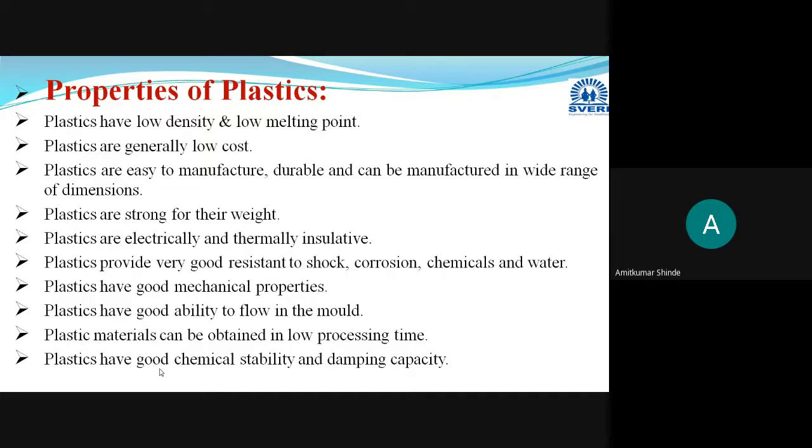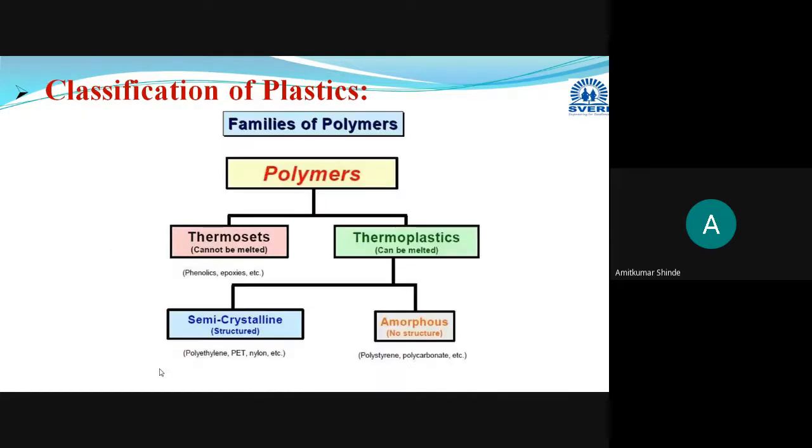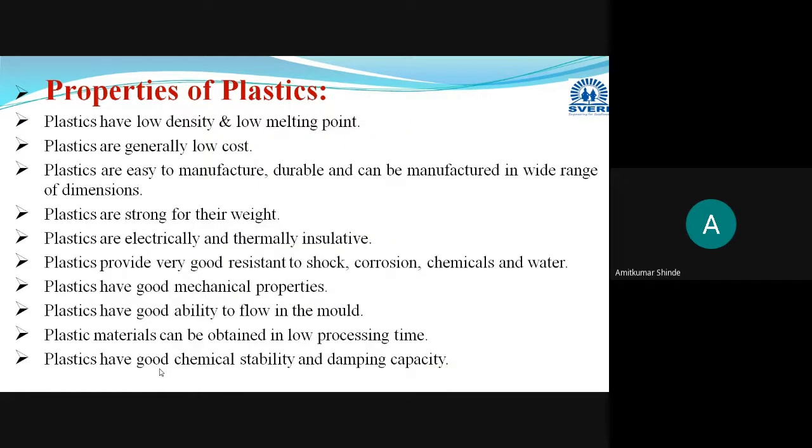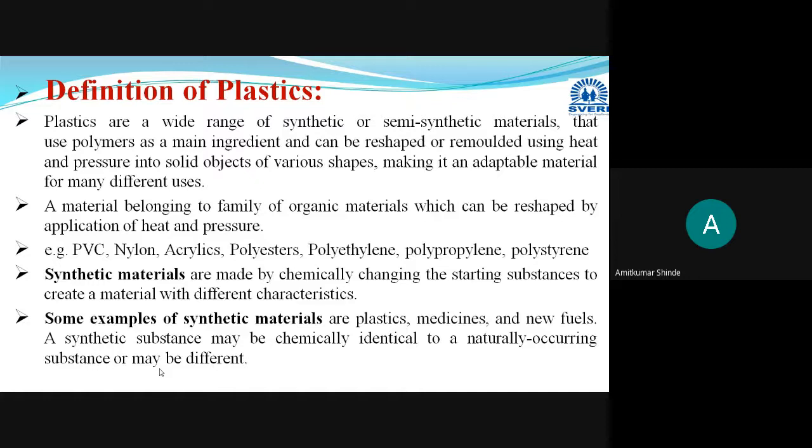And after these properties, we will move towards the classification of the plastics. I will wait for 2 minutes here. Kindly note down this point. From this definition, just write down the second and third point only.